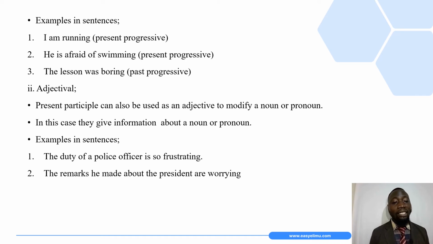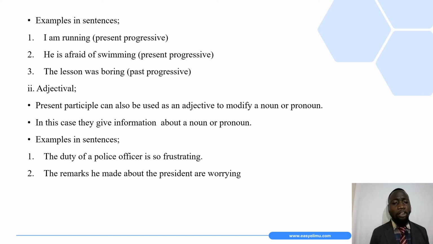The first one: the duty of a police officer is so frustrating. If you look at the last word there, frustrating, we've added ing to frustrate, the base of the verb, by omitting the e. So you can see that.